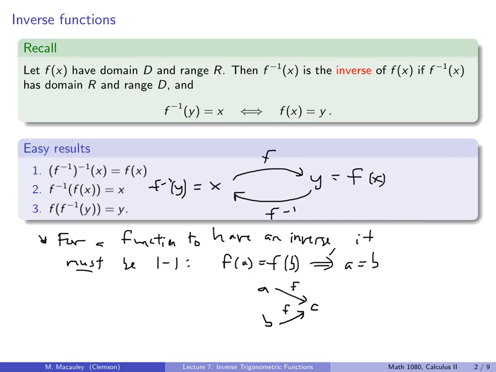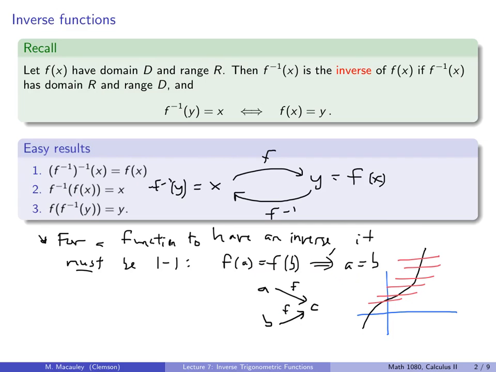Another way to think about what one-to-one means is that it passes the horizontal line test. Here's an example of a one-to-one function, because no matter how you draw a horizontal line, it intersects the graph only once.